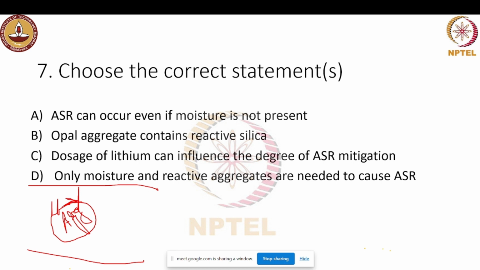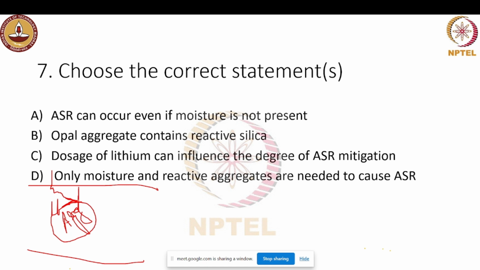First the ASR gel will be formed on the surface of the aggregate, and then because it's expansive in nature, it will flow through the structure of the concrete and will cause cracking.